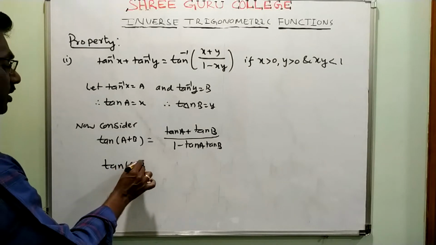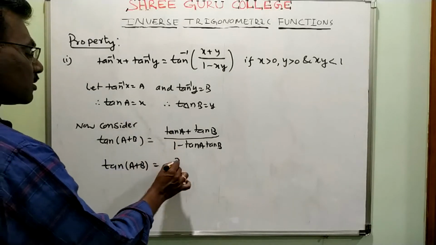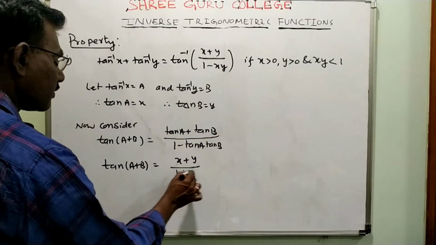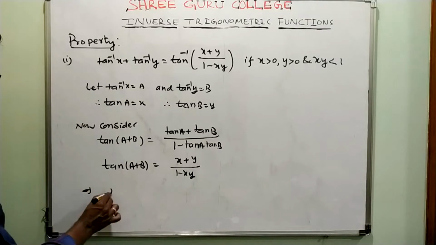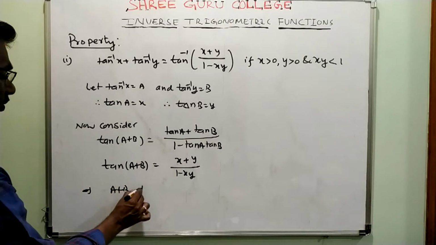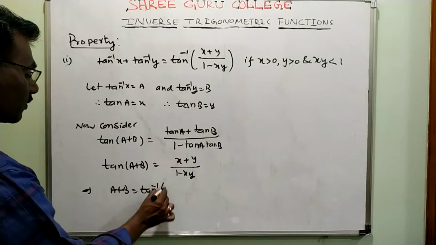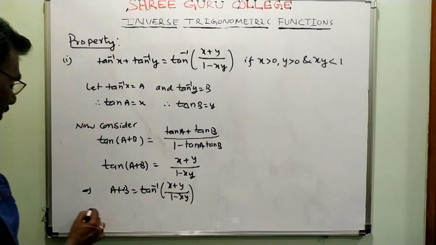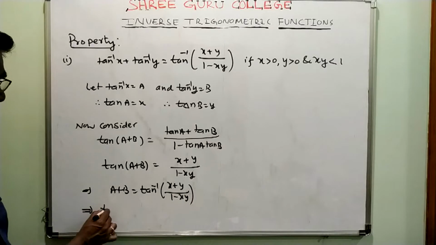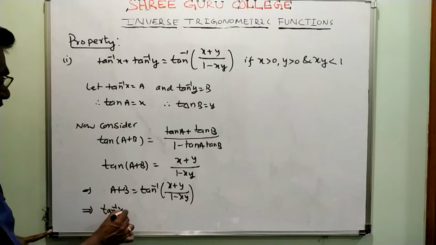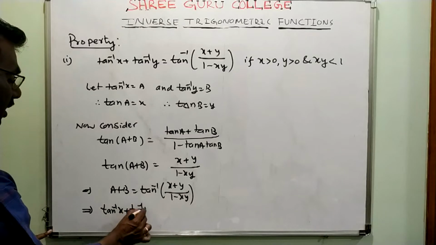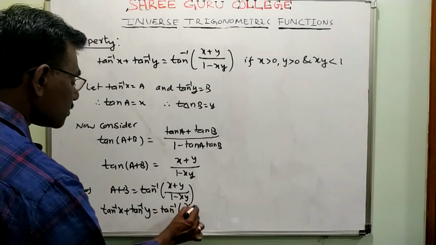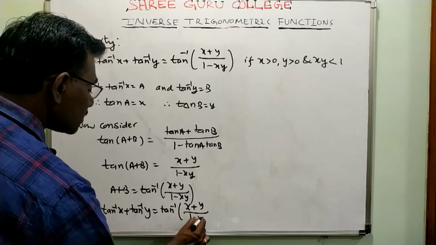Tan of (a plus b) equals, with tan a value x and tan b value y, (x plus y) by (1 minus xy). So what is the inverse? a plus b equals tan inverse of (x plus y) by (1 minus xy). It implies a is tan inverse of x, b is tan inverse of y, so tan inverse of x plus tan inverse of y equals tan inverse of (x plus y) by (1 minus xy).